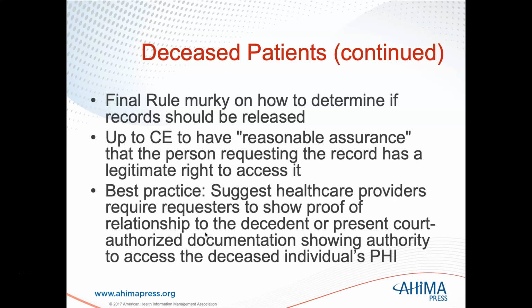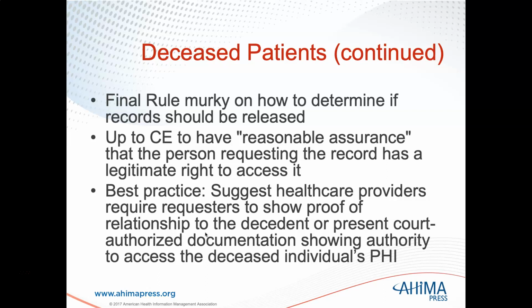And that's true of everything. You always have to make sure with reasonable assurance that the person you're providing the information to really does have a legitimate right to access it. And especially when you're dealing with deceased patients' records, it could be that there are multiple people in the family and they're arguing and that type of situation.